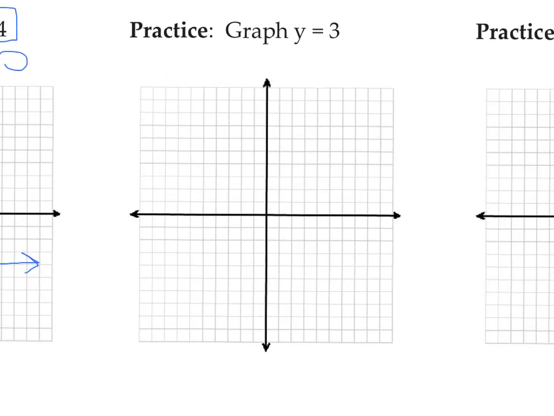When we graph y equals 3, the equation again says y equals some constant. We will go to 3 on the y-axis, and we will make a horizontal line. So this is the graph of y equals 3. The slope, indicated by m, is 0.